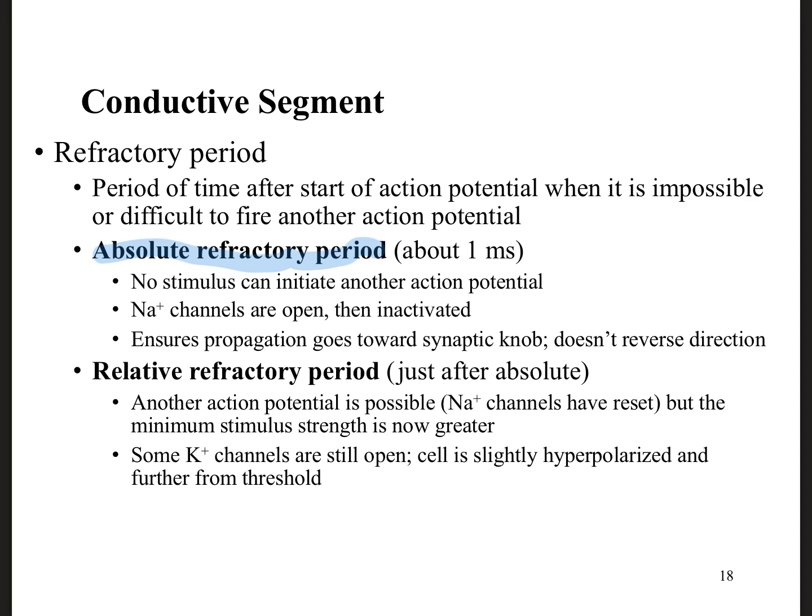That original part of the axon has to reset itself before another impulse can be propagated down. Okay? At that point, the sodium channels are open and then inactivated, right? There's your inactivation gate. They're shut off, okay? And this ensures that propagation goes only in one direction.